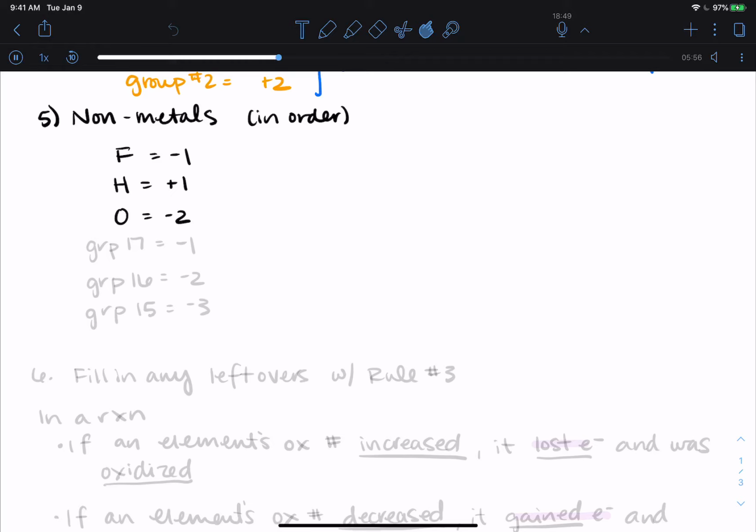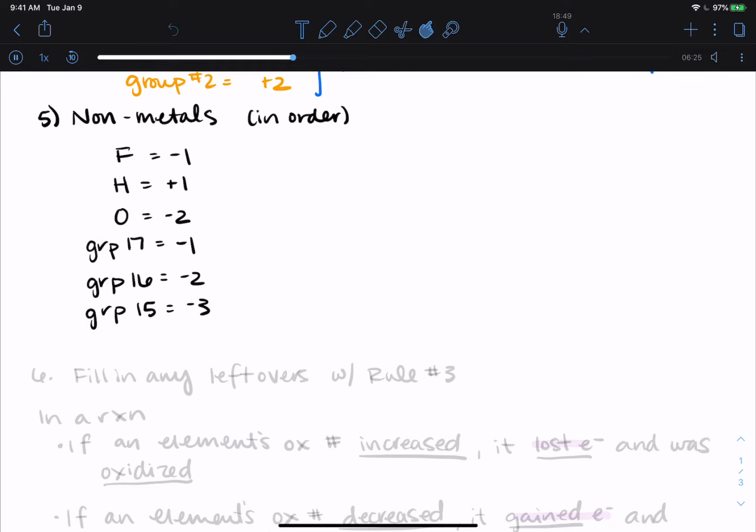And then everything in group 17. So fluorine is in group 17, but fluorine is considered by itself first, and then everything else in group 17 later gets a -1. Group 16, these get a -2. And then group 15, they get a -3.